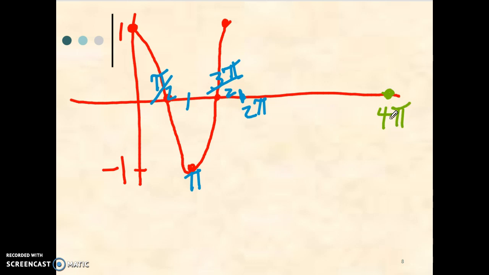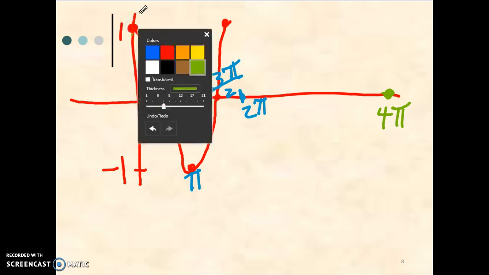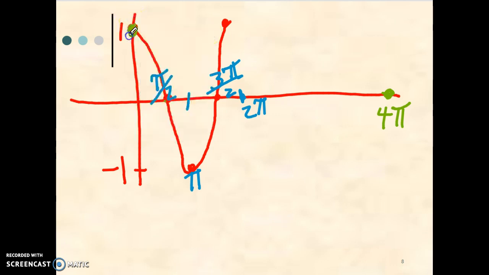So 0 to 2 pi, it's start to finish, it's 1, 0, -1, 0, 1. Well, this new graph in green is not going to start and end at 0 and 2 pi. It's going to start and end at 4 pi. So it's going to still start at 1, but it's going to end at 4 pi all the way at 1.